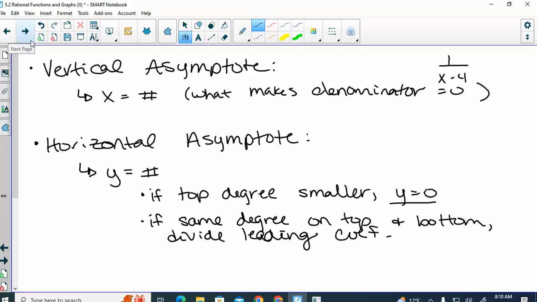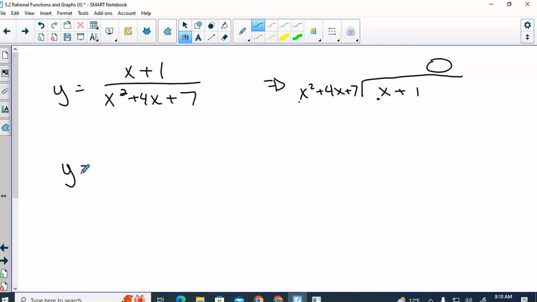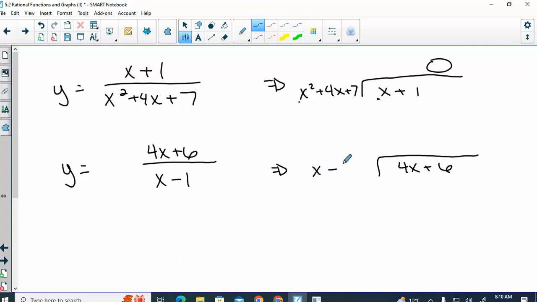When we have the same degree on top and bottom, let's just do an example. What this means is 4x plus 6, and we are dividing that by x minus 1. When we did long division, we asked ourselves, okay, what is 4x divided by x? 4.